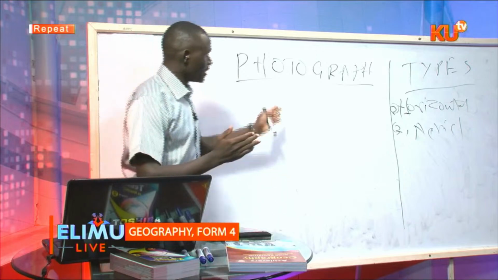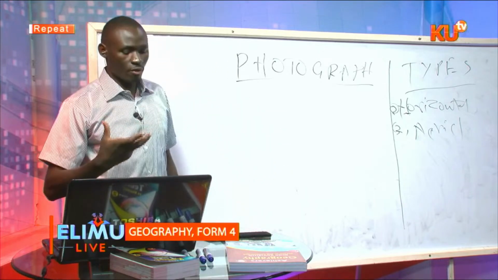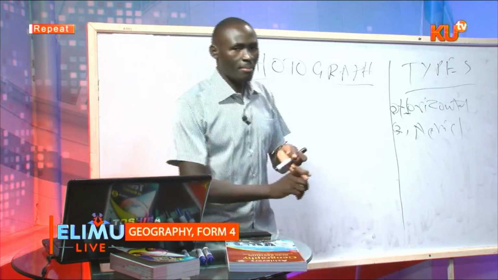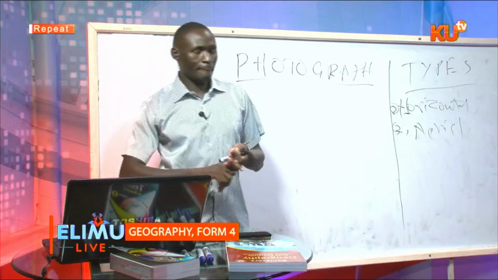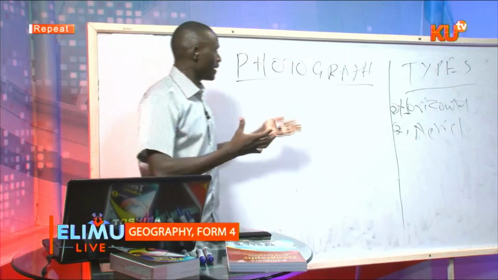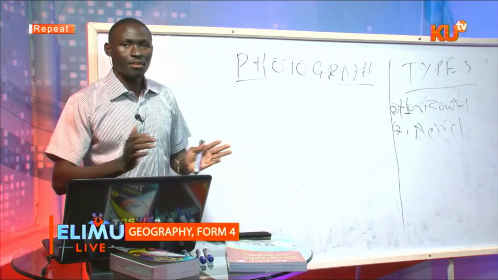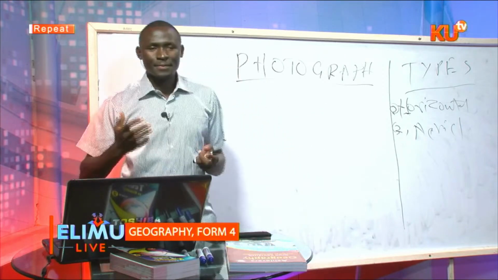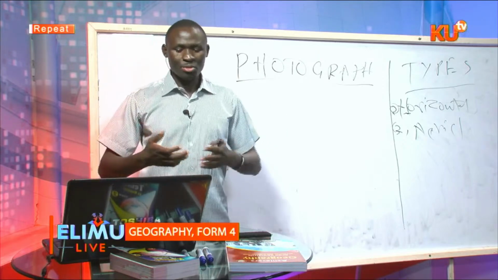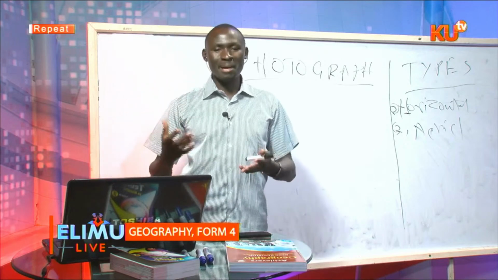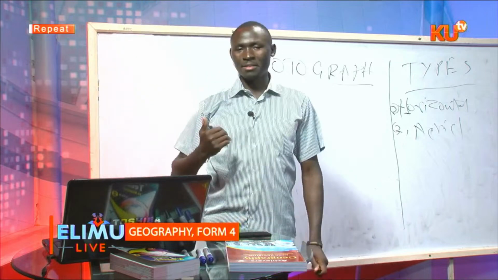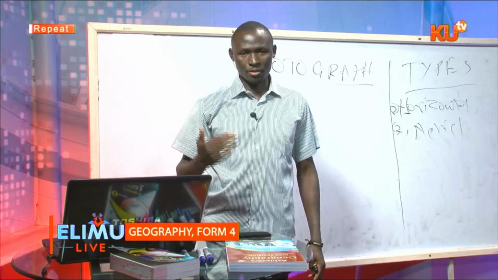They are normally carried by aircraft, air balloons, or sometimes satellites that have been mounted high to capture images of the universe or the earth. So it is sometimes for us to wonder how these images are captured. When you are capturing images from above the ground, that's what we call aerial photographs.